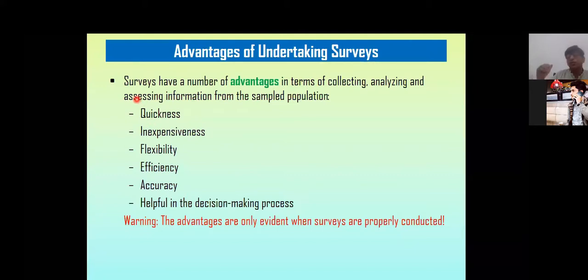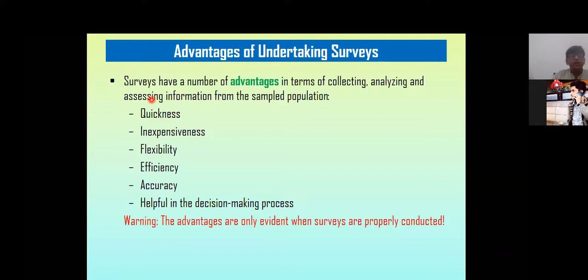But the qualitative survey is somewhat difficult because it is not as quick as this method. The reason is that in qualitative research, you are required to conduct in-depth interviews, and for that you may need much time. Sometimes your respondent is free, sometimes he's not free. So different issues are there.